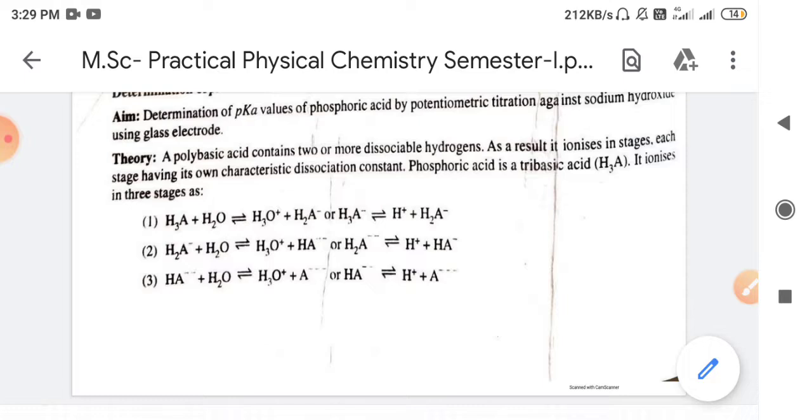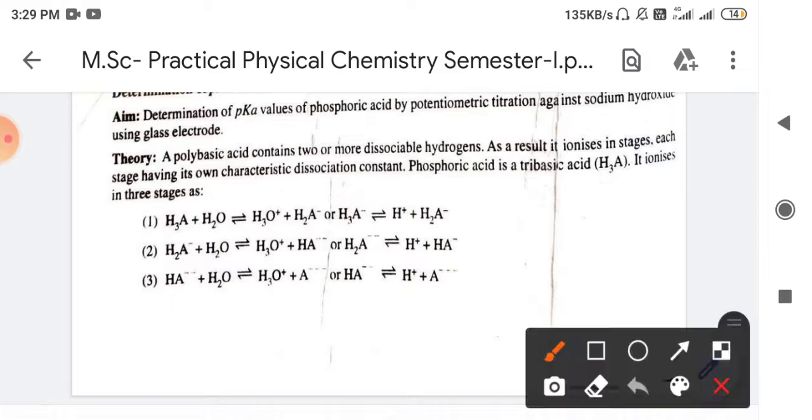The theory for this experiment: first of all we see the aim of the experiment. The aim is to determine the pKa values. pKa values are generally found for acids, here for phosphoric acid, by potentiometric titration against sodium hydroxide using a glass electrode.